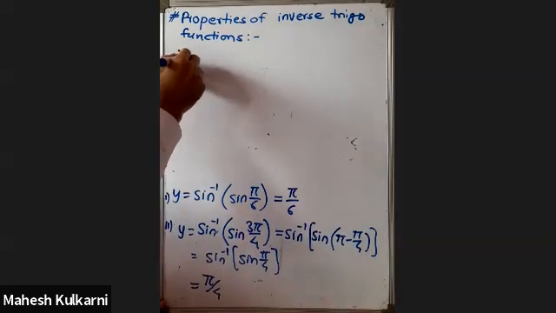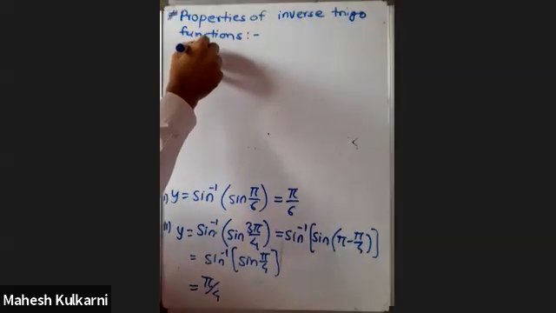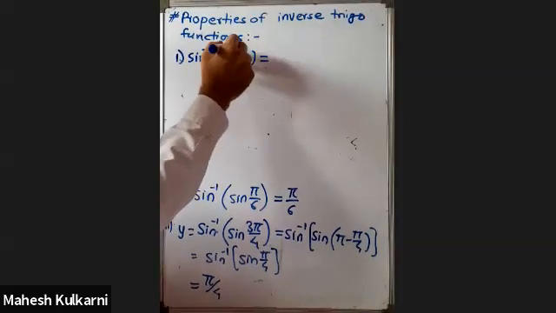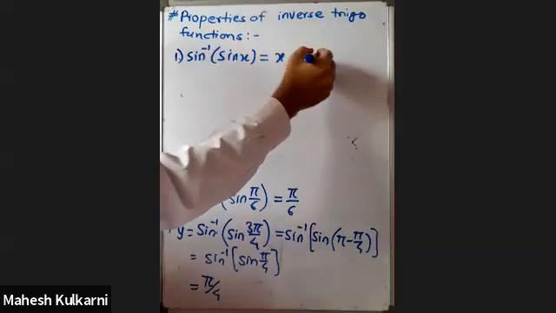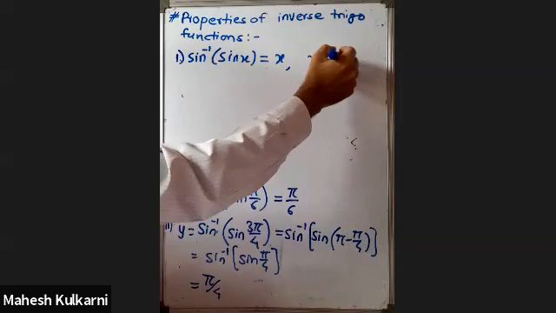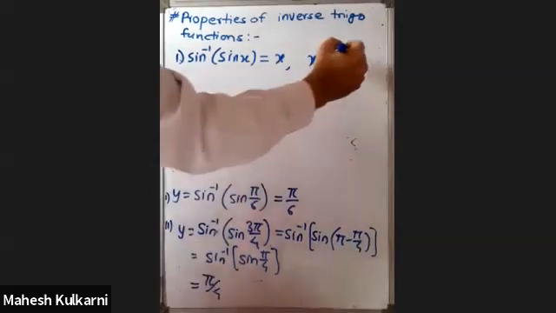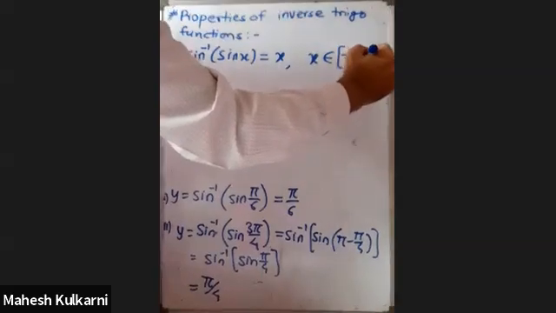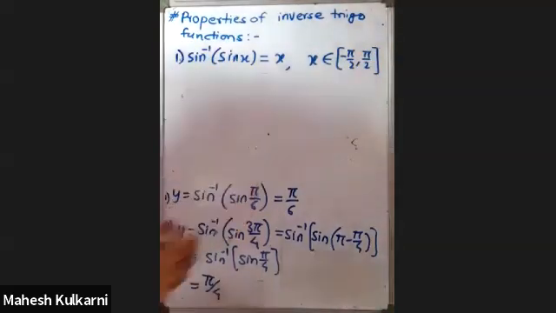So this is the first property, that is sine inverse of sine x is equal to x, where x belongs to minus pi by 2 to pi by 2.